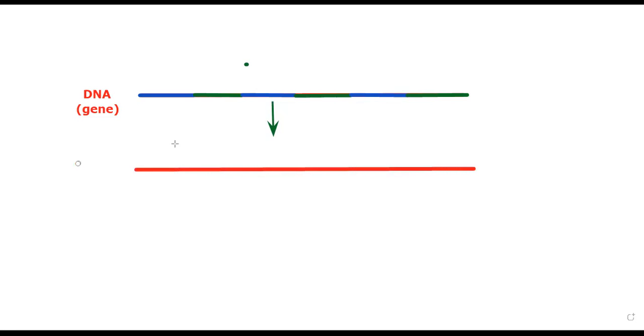So when this is copied onto the mRNA, in the mRNA also, exon followed by intron, then again exon, then again intron, then again exon, and finally again intron will be there.